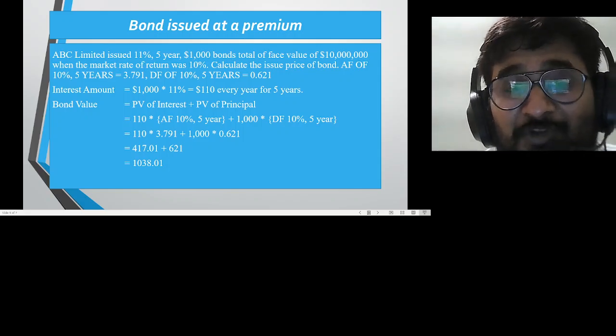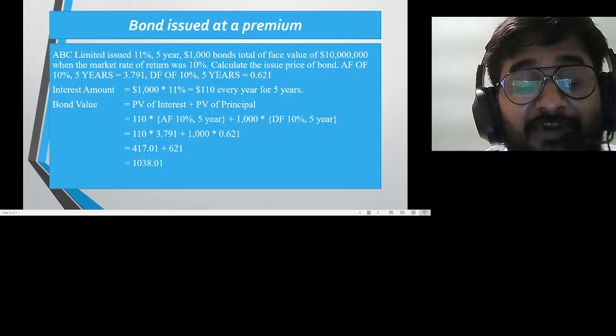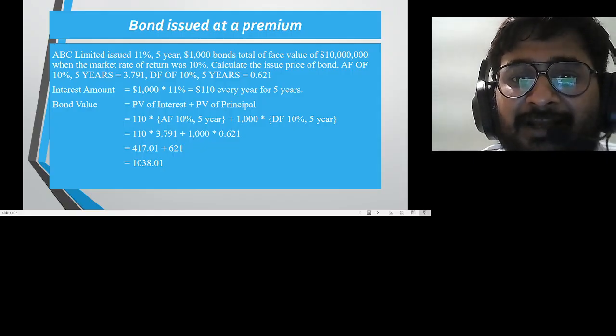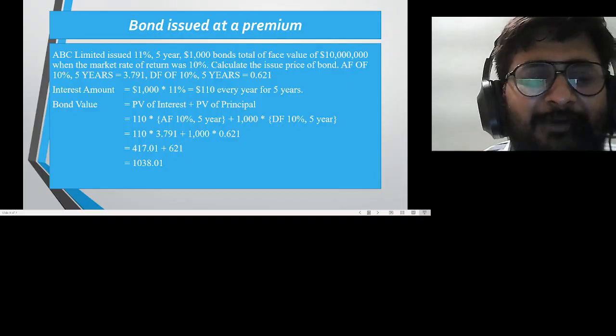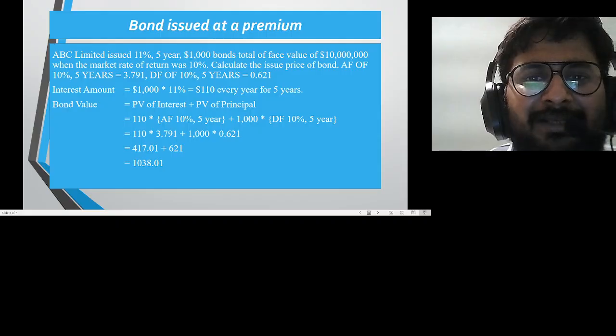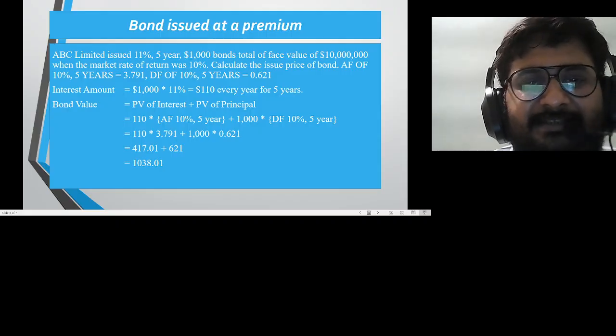So in this case also, the market will ensure everybody earns the same rate of return, 10%, from this bond also. Calculate the issue price of the bond. Annuity factor of 10%, 5 years is given as 3.791, and discounting factor of 10%, 5 years is given as 0.621.